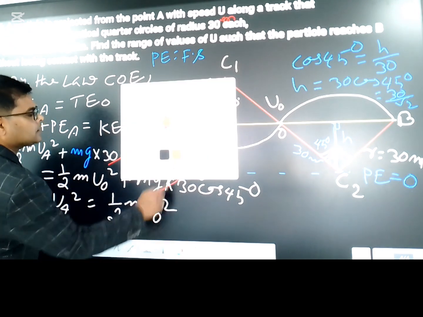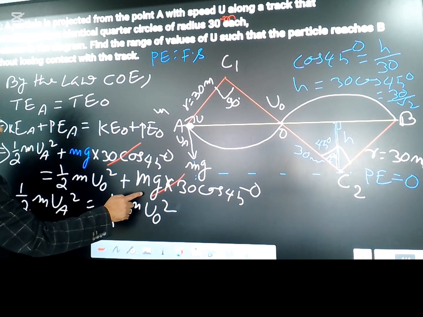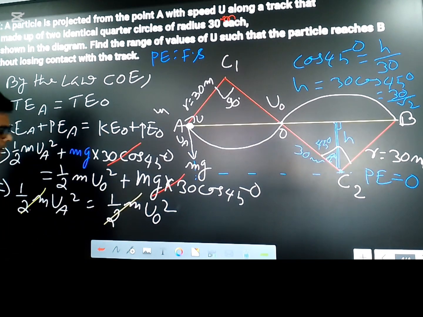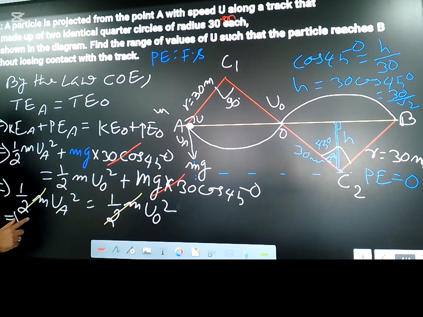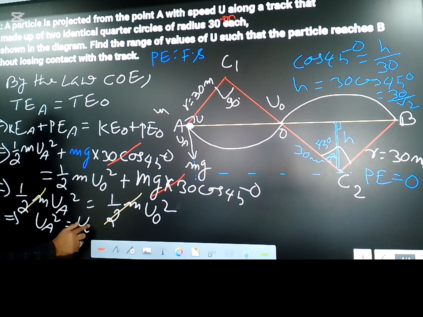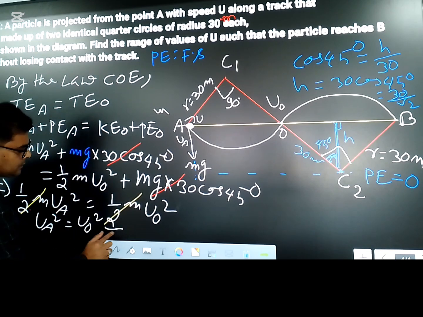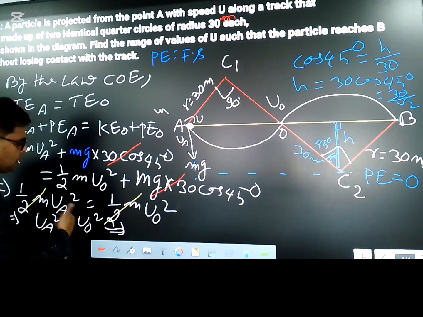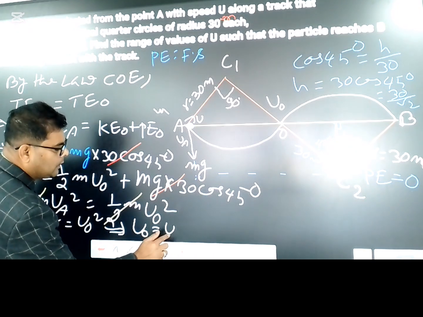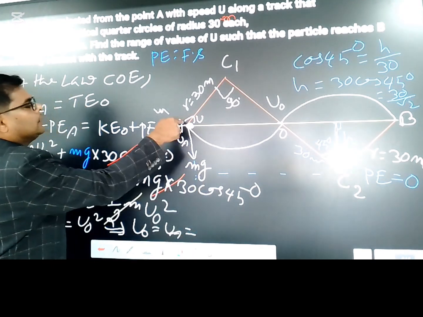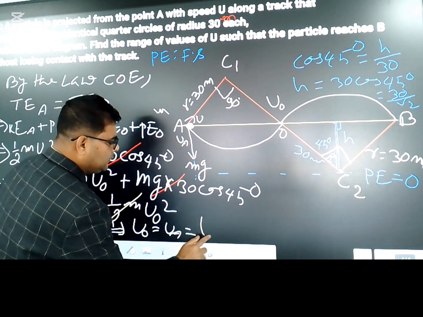Now again you can see that from both sides, half m and half m got cancelled out. So what we are left with is ua square equals uo square. That means both sides square cancelled. You can also write uo equals ua, and it is given that the velocity at A is u.